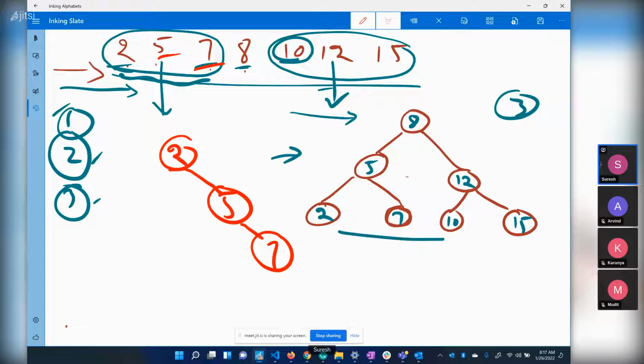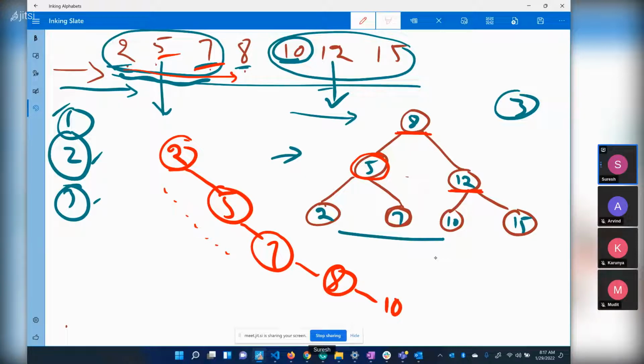The value of the left node is less than the value of the root, and the value of the right is greater than the value of the root. So as you go in this direction, you get a tree like this. You're just building left, right, right, right, right, right.